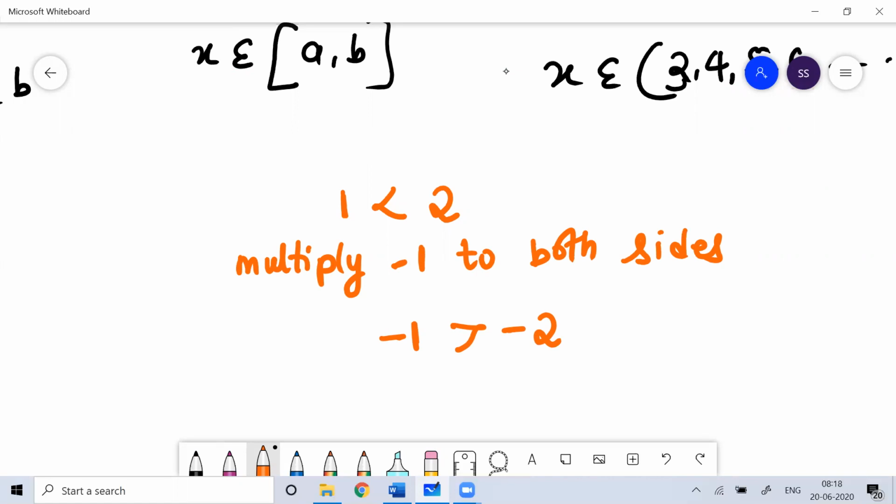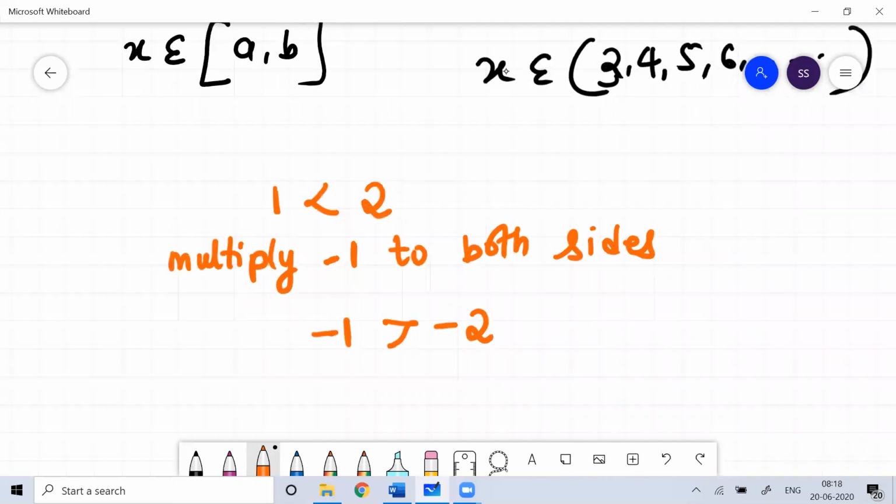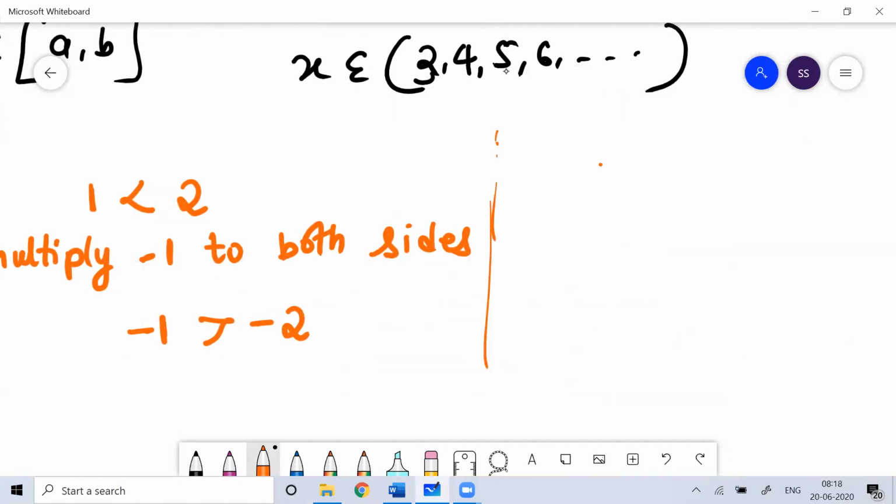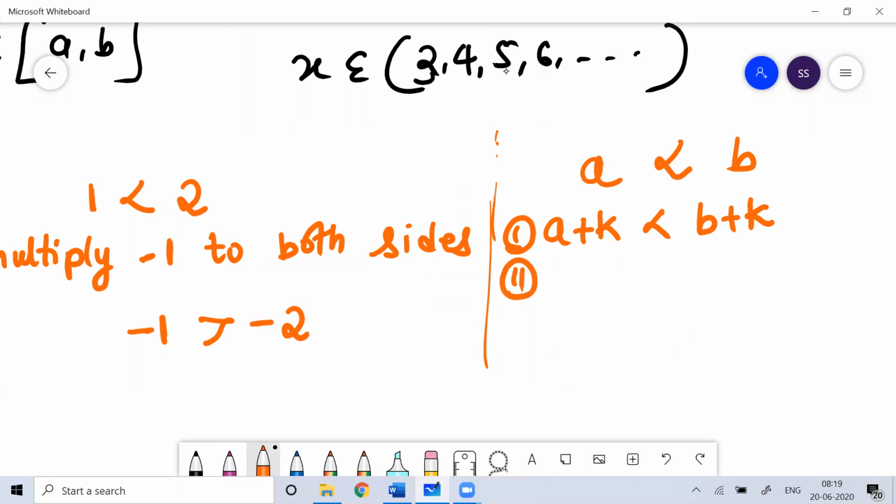So if there's a variable called A and another variable called B, and you add the same value to both LHS and RHS, no change will happen. If you add or multiply by a positive value, that relationship will not get affected, provided k is positive.